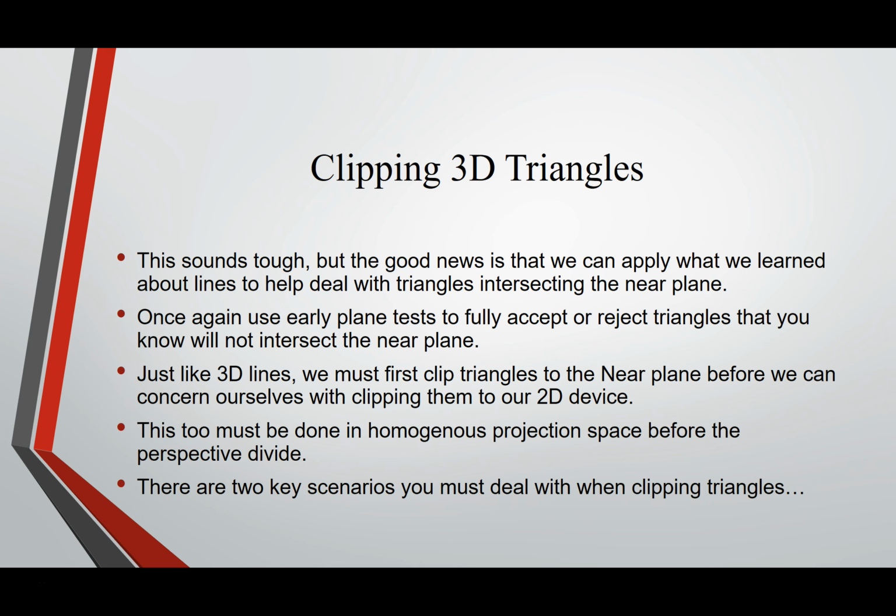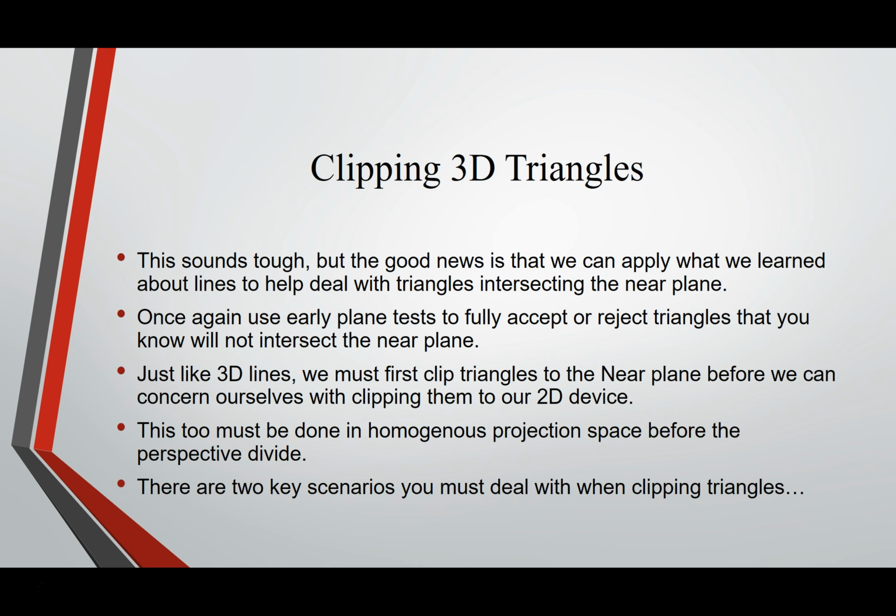We can really apply the things we've already talked about, that line cutting, to help deal with these triangles. Remember, these triangles, A, B, C, these 3 vertices that make up the triangles, we can break apart into 3 separate lines. If we remember that, it'll make this process a lot easier.